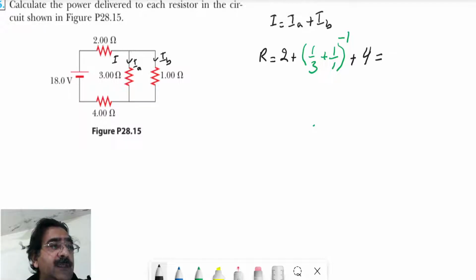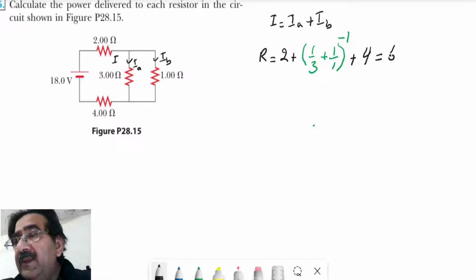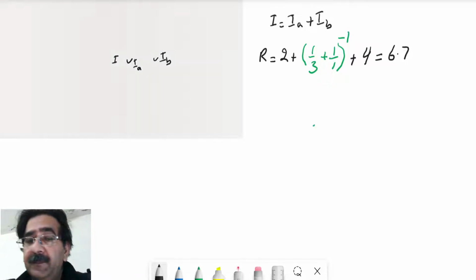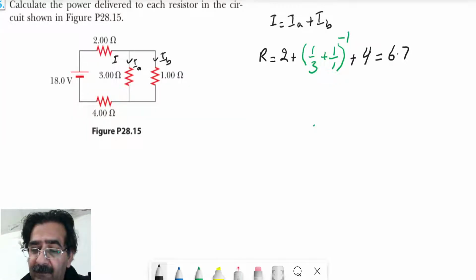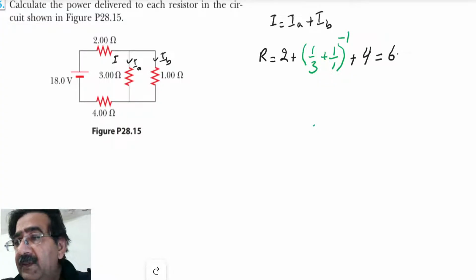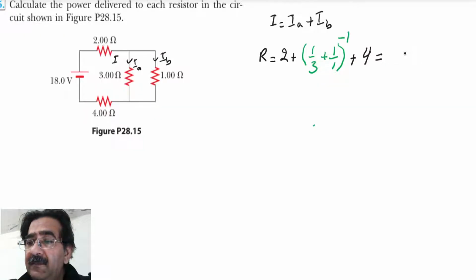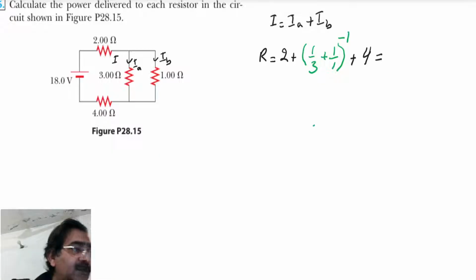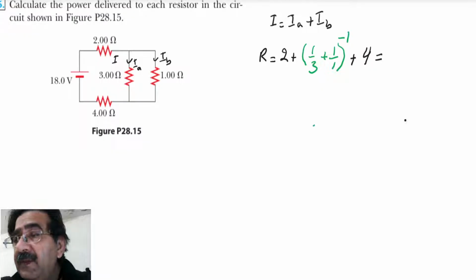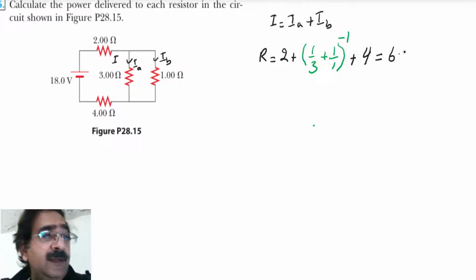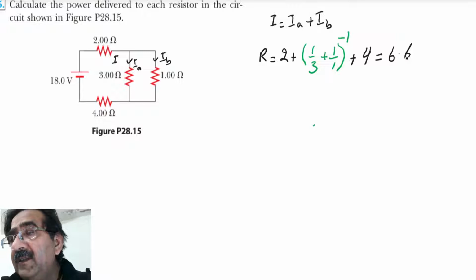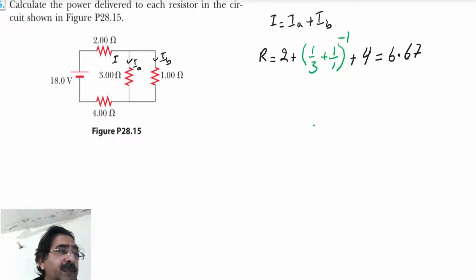When we add all these, that will become 6 point... sorry, when using the calculator, that will become 6.67.